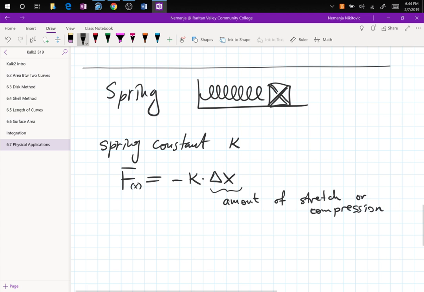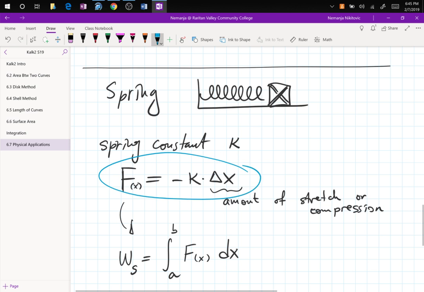And now we get to plug this into our work integral. I'm going to call this work done by spring, Ws, and it's still the same formula. But now we know what f of x is. It's going to be given by the formula up there.